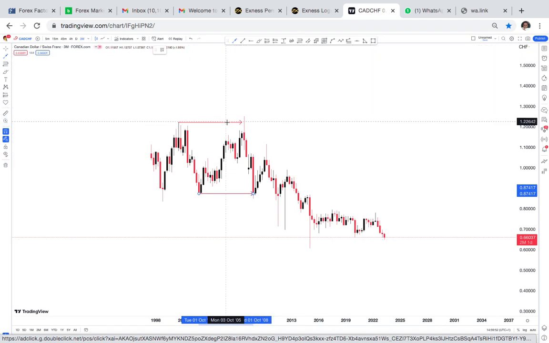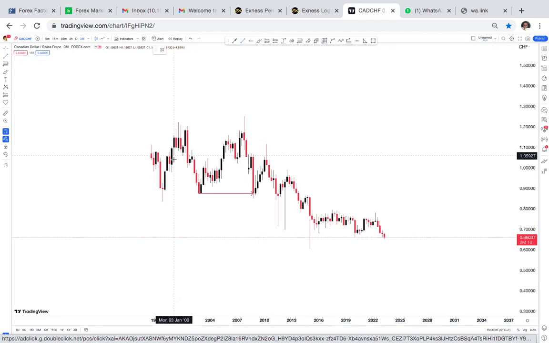This high, because this high was broken first, and to me this high serves as liquidity. So I clean up the liquidity and I come here and indicate that this is my liquidity.